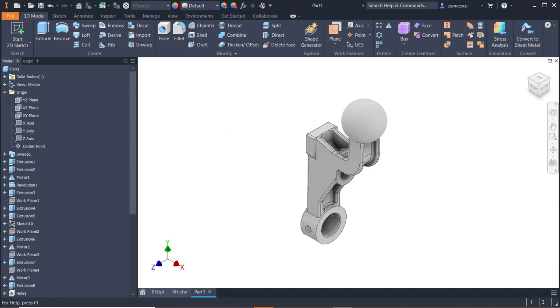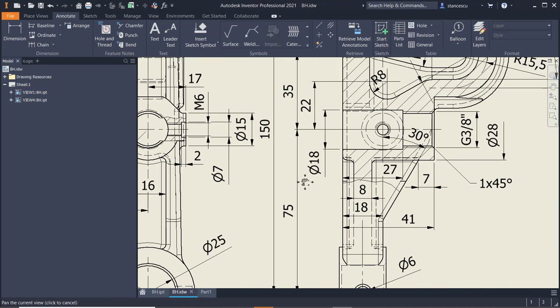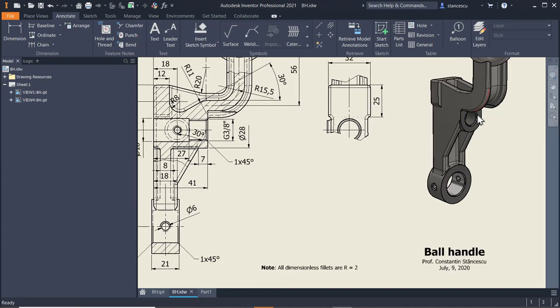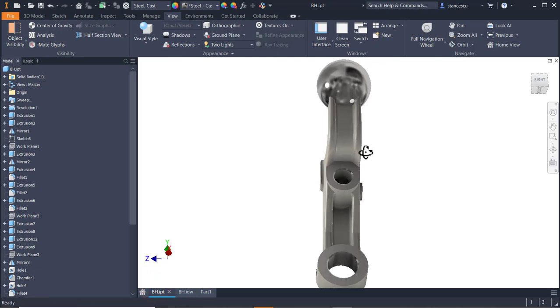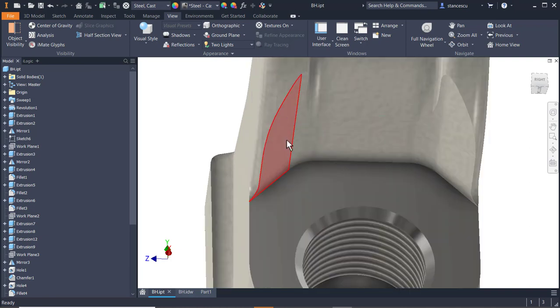Okay. The last feature is this one. Yes, this is a face, which is this one, with finishing in the last moment.